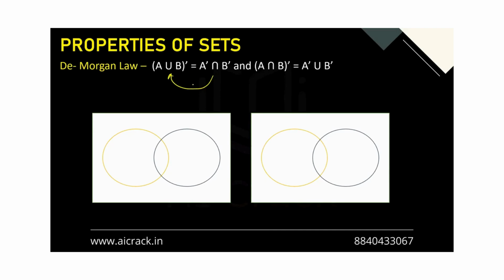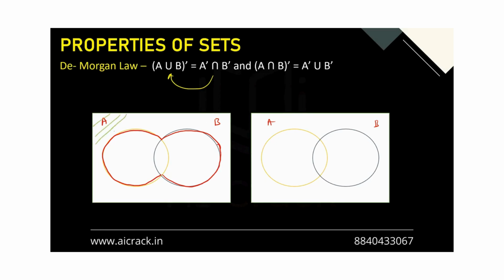So let's try to prove this with the help of Venn diagrams. This is our set A, set B, and let's first do the A union B complement. So we know that A union B is this region. So the complement of that would be the external region.